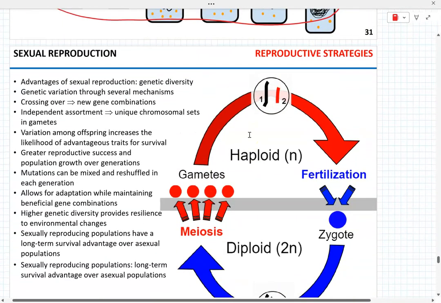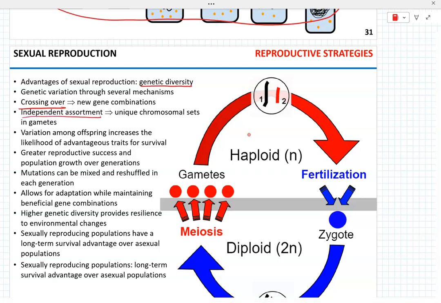Contrary to this, during sexual reproduction, genetic diversity is incredible. So genetic variation is achieved through several mechanisms. First of all, crossing over, which results in new gene combinations, and independent assortment, which results in a unique set of chromosomes in gametes.